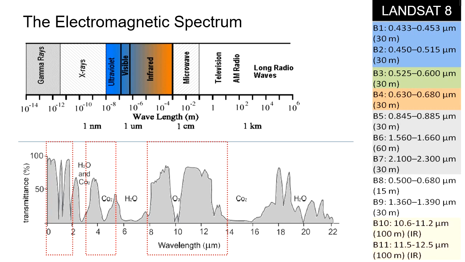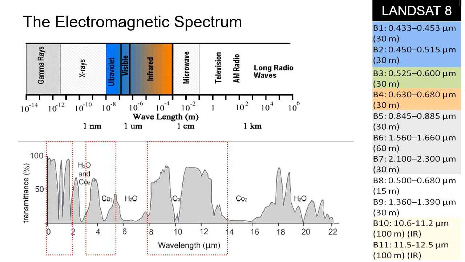These are the two windows between 3 and 5 micrometer, and a third, relatively broad window extending from approximately 8 to 14. So these are the windows here in the thermal infrared part.